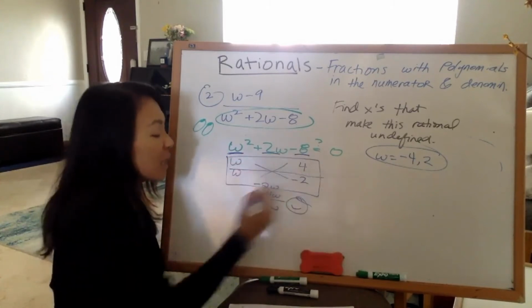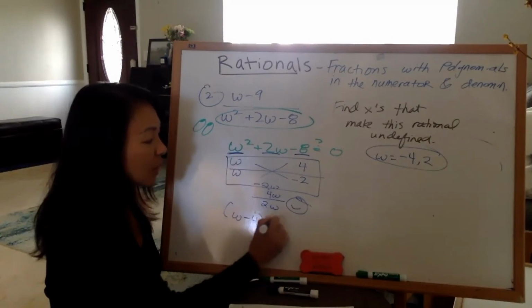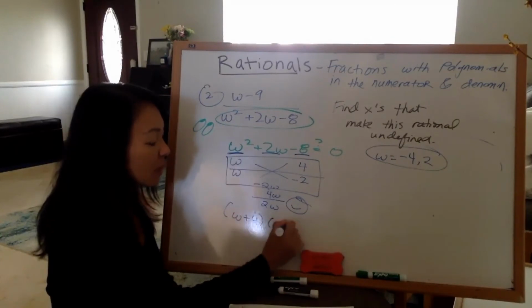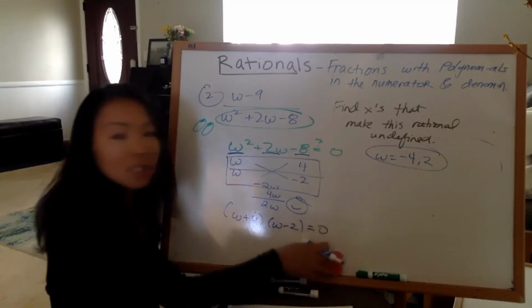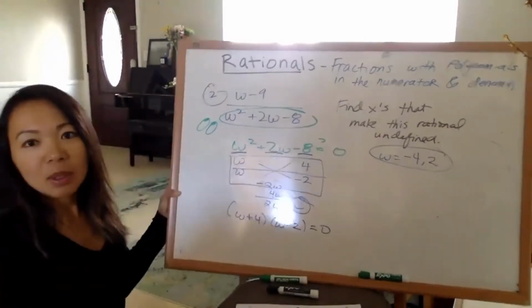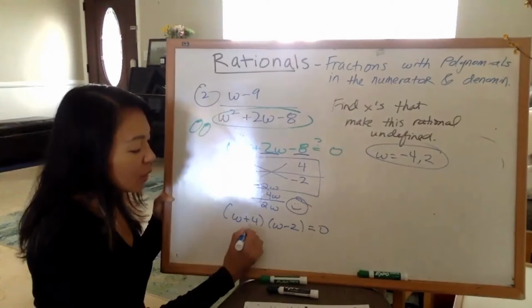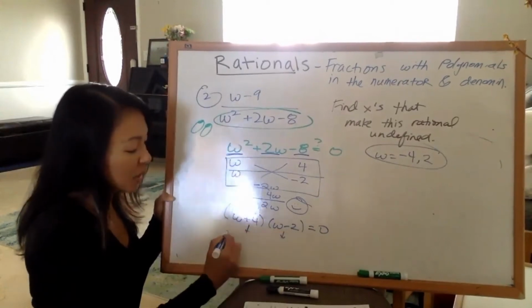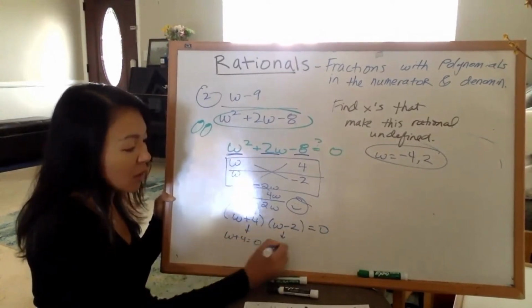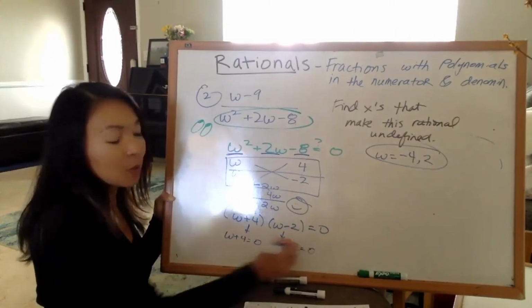So when I box that, I get w plus 4 times w minus 2 is equal to 0. Sorry about the glare, guys. Okay, and then I'm going to have to use the zero product property where I set each factor equal to 0 and I solve for w.